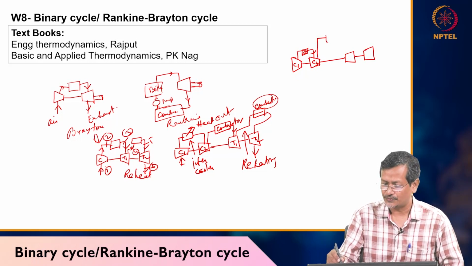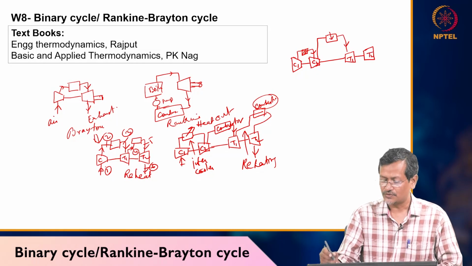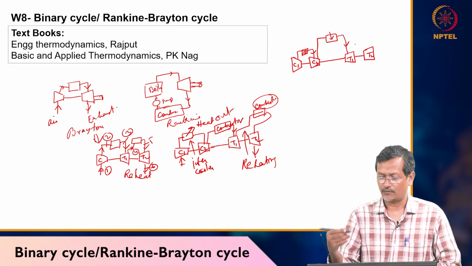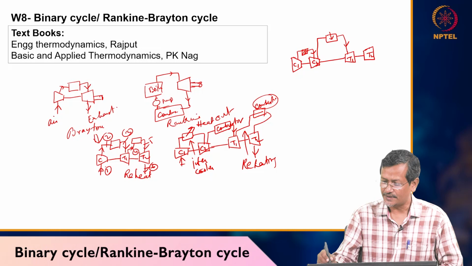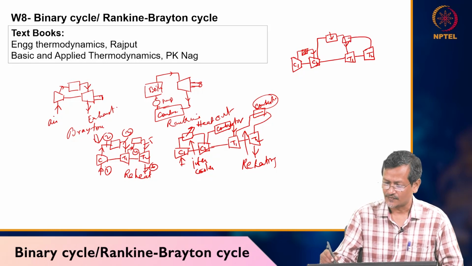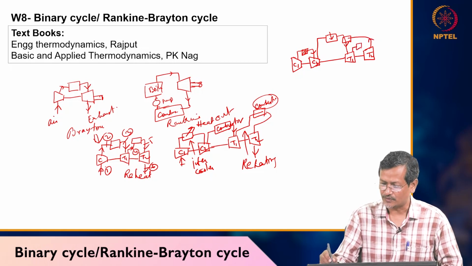Now from C2, heat addition happens and the flow goes to turbine 1, turbine 2. Whenever heat is rejected from turbine 1 and turbine 2, that heat is given to here. And in between there will be an intercooler also.